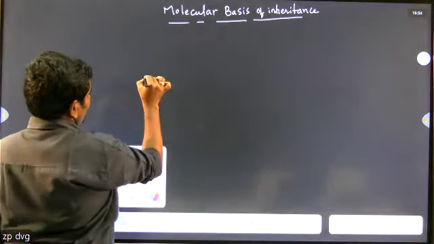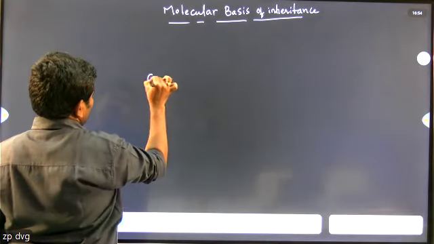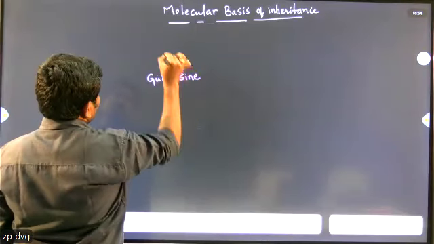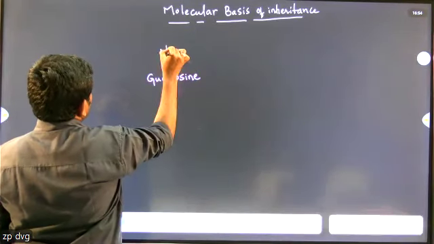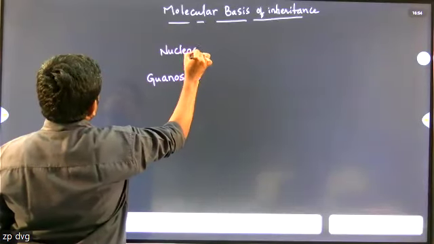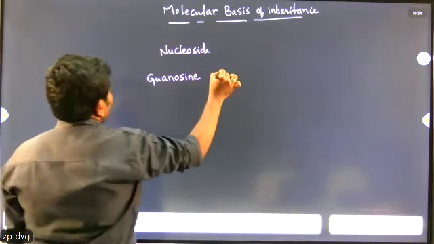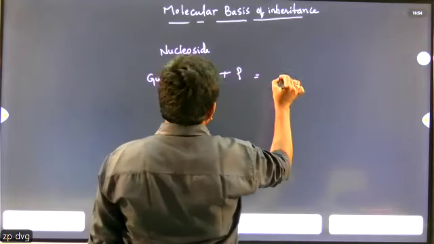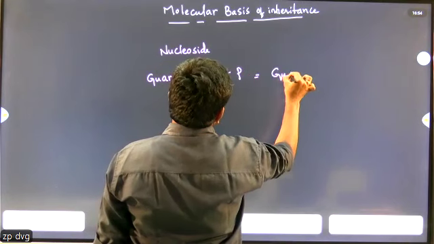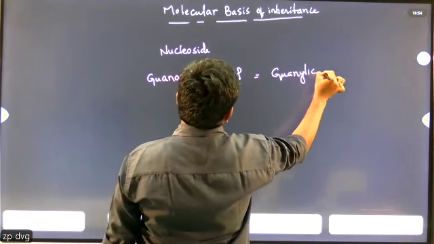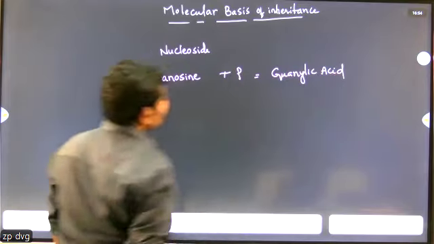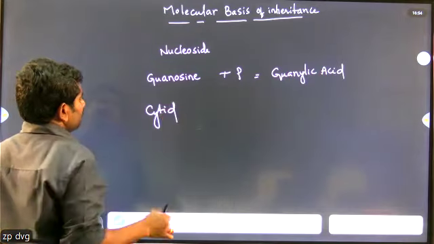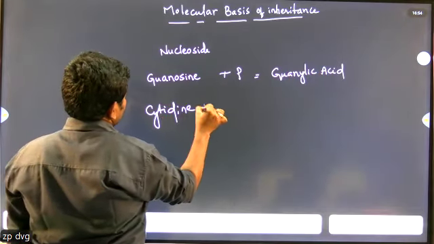For example, guanosine is a nucleoside, plus phosphate equals guanylic acid. This is guanylic acid. And for example, cytidine plus phosphate.